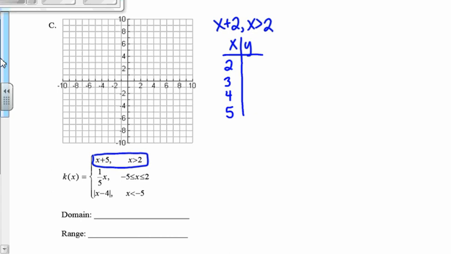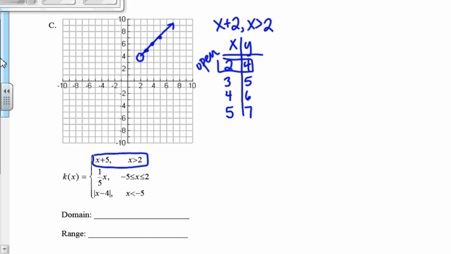So x plus 2, so if I plug in a 2, I would get out a 4, then a 5, 6, 7. Thinking about that first point, our inequality does not say equal to, so this is an open point at 2, 4. And then from there we have 3, 5, 4, 6, 5, 7. So we started at that first point and we continue on through the next few.